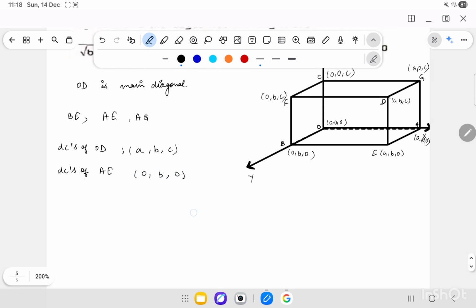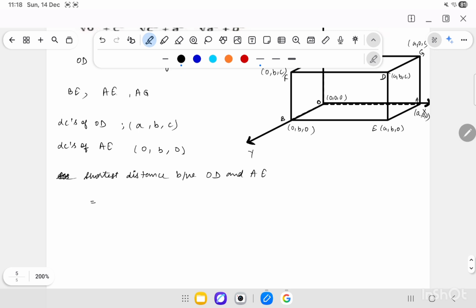Now we are supposed to show the shortest distance between OD and AE. So we'll use the shortest distance formula.